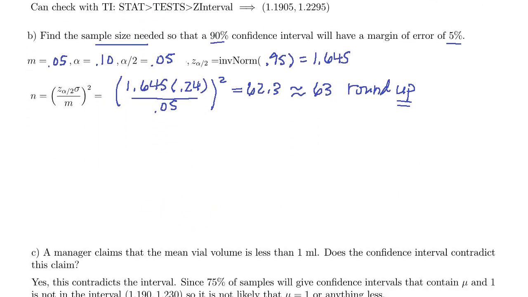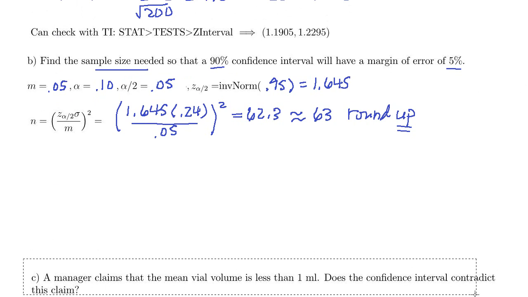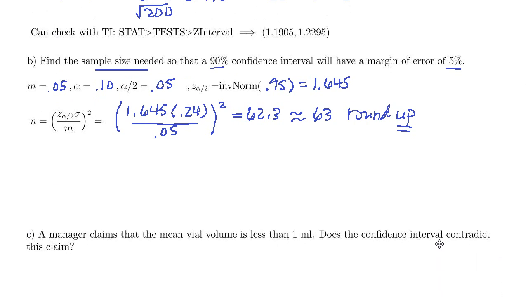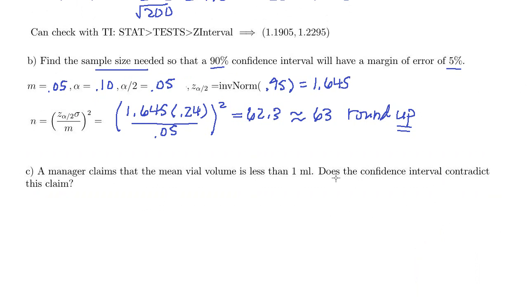And then a manager here claims that the mean vial dose is actually less than 1 milliliter. Does the confidence interval contradict this claim? Okay, so our confidence interval here was 1.19 to 1.23.